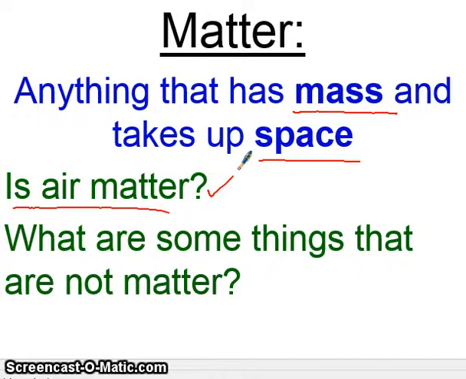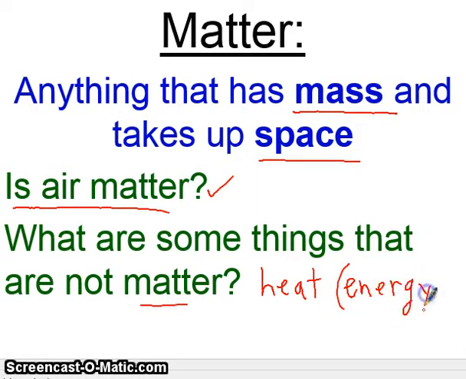Now, many things are not matter. Heat, or really any form of energy, is not considered matter. So light, for example, sound. Information is another thing that's very important, but it is not matter. If you have a CD with music recorded on it, that is real stuff, but the CD does not weigh any more because it has music on there.